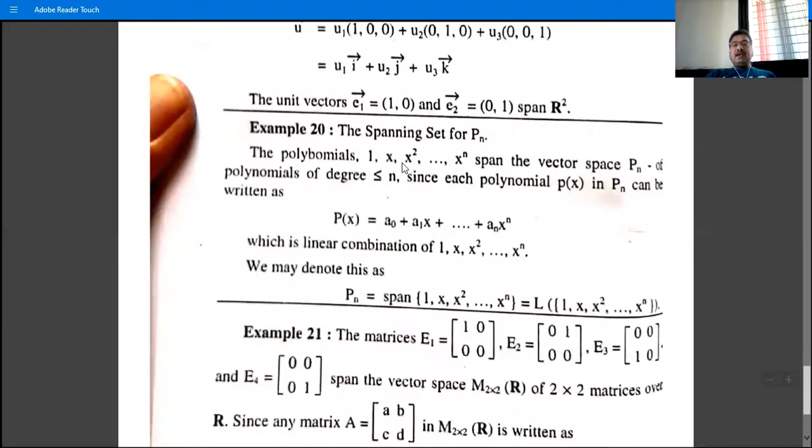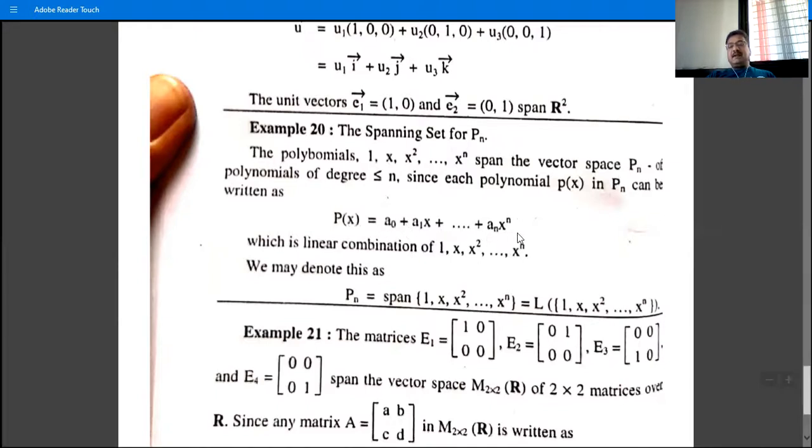So 1, x, x square, up to x raised to n span the vector space Pn. What is Pn? Pn is the vector space of all polynomials of degree less than or equal to n. If you take any element p(x) as a0 plus a1x plus ... plus an x raised to n as an element of Pn, then obviously it is a linear combination of 1, x, x square, ..., x raised to n, because we can write p(x) as a0 into 1 plus a1 into x plus ... plus an x raised to n.